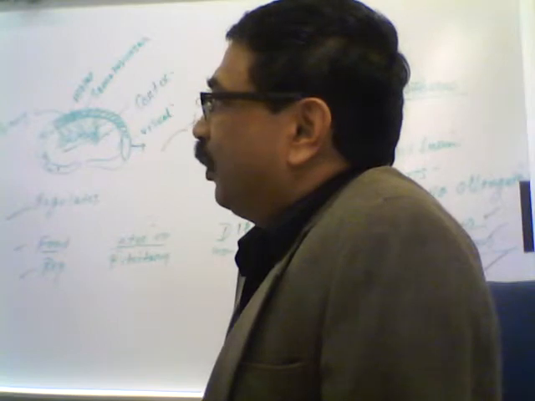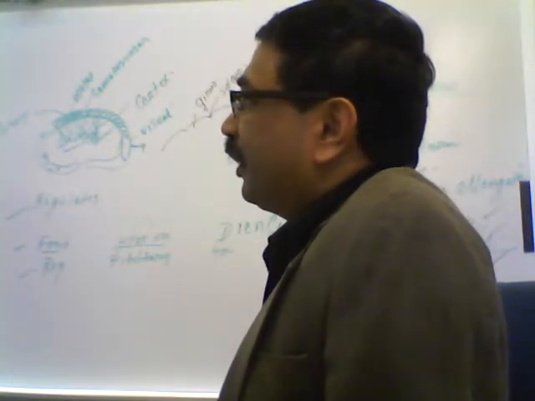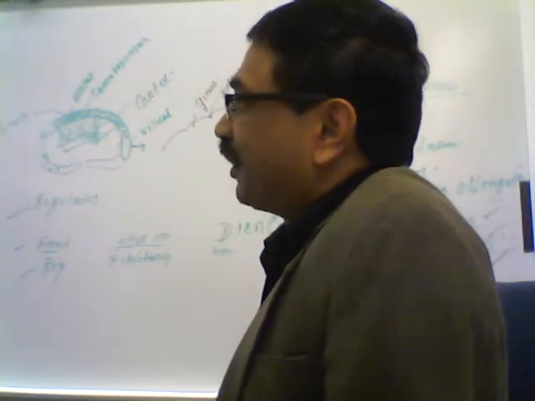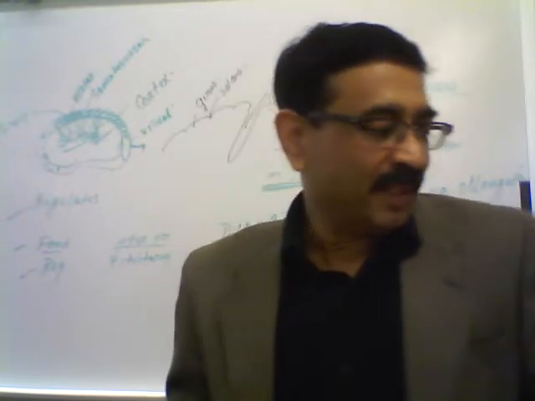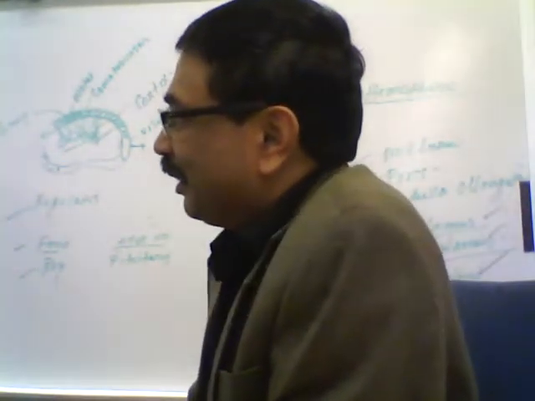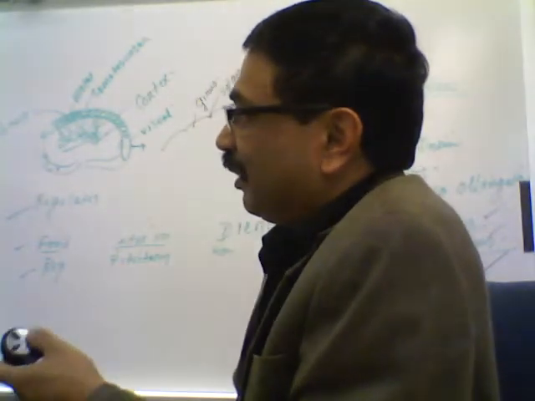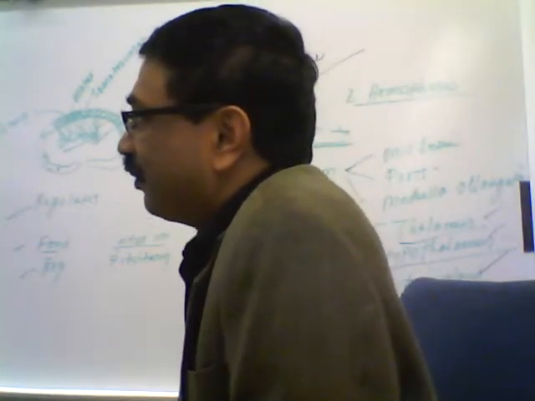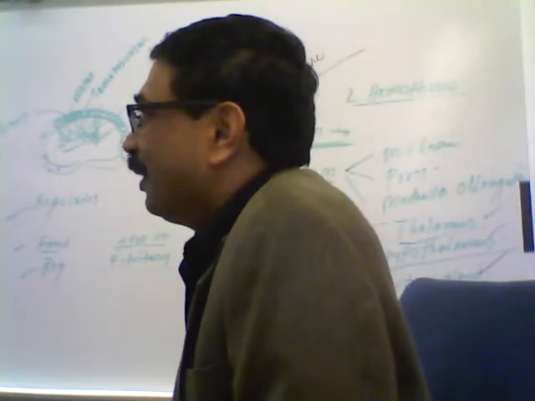Here the blue one is showing the primary somatosensory cortex, that is the postcentral gyrus, and you see different parts of this gyrus receive signal from different body areas, and that is the map.